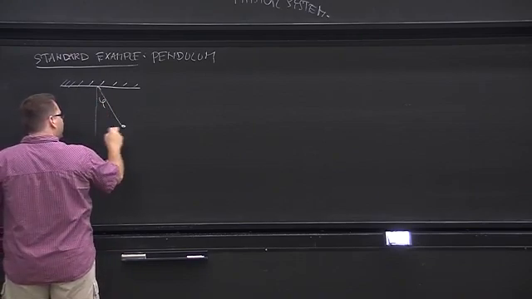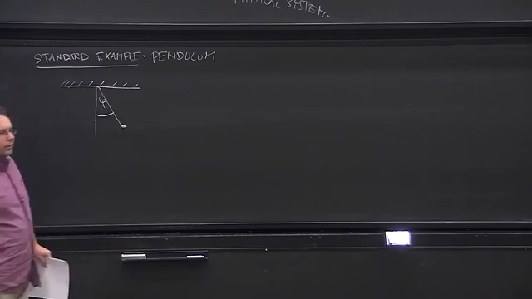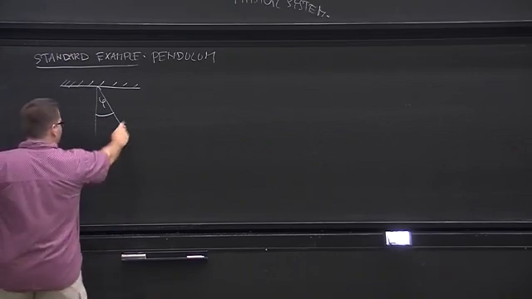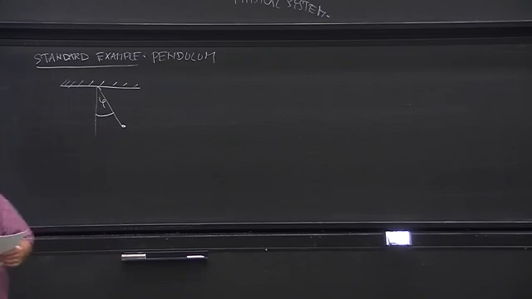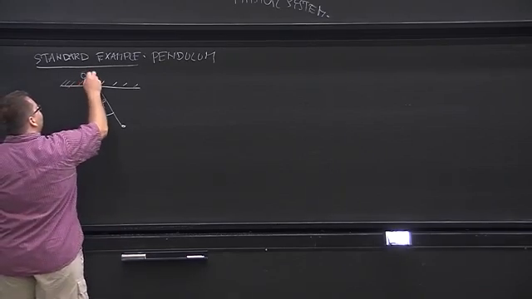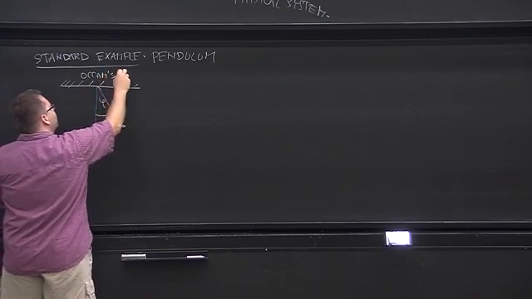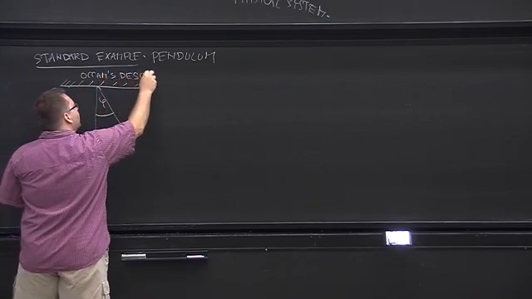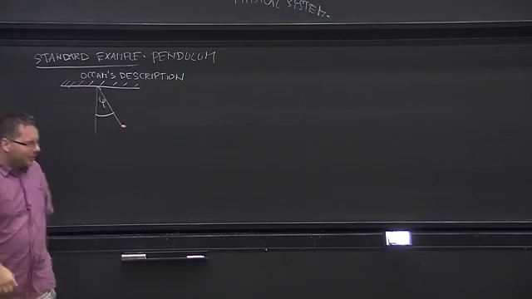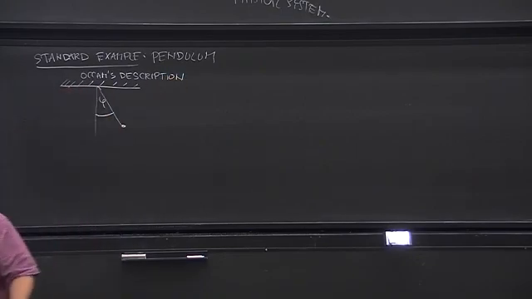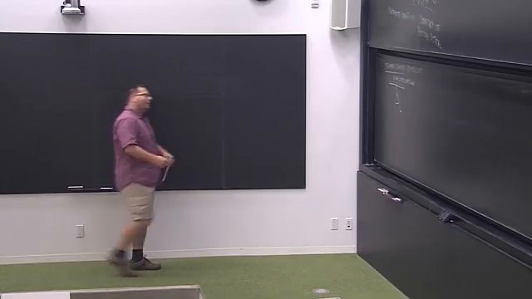That means that you parameterize your swing of the pendulum, just going like that, just by the angle phi. So I would say that's the Occam description. Occam was a guy who was saying you shouldn't make things more complicated than they are, so always describe them as simply as possible.